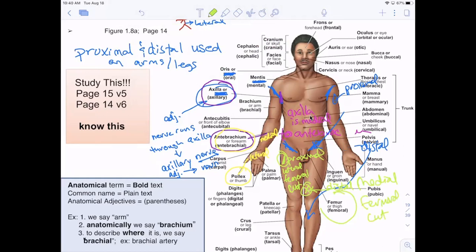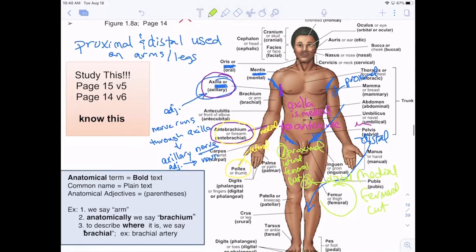So if you're working as a nurse in the ER and you're doing triage, a person comes in and they have a laceration on their arms and legs, you're going to want to put in your notes whether it's proximal or distal, whether it's lateral or medial, and what area of the body it's on. And so that is why we have to learn these anatomical terms. So you can use a very specific language that the other person has also learned, and so there's no miscommunication about where things are and what you're talking about.